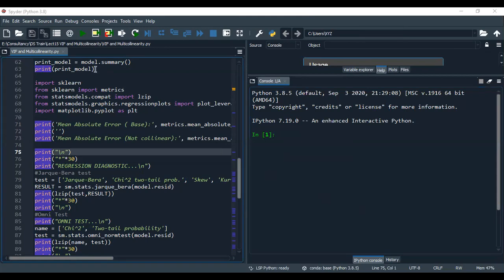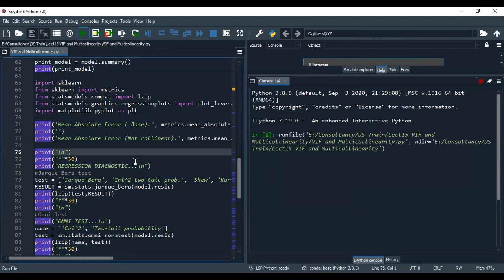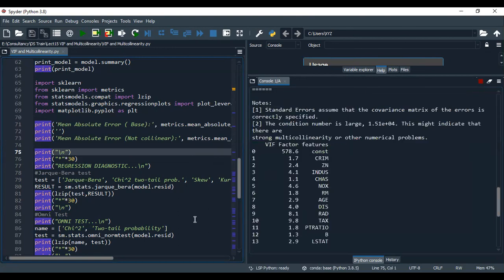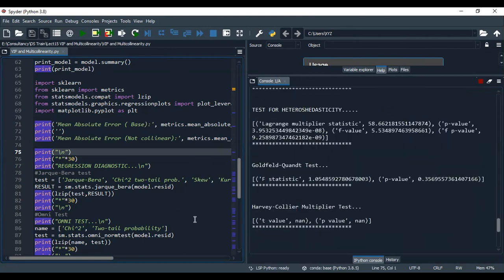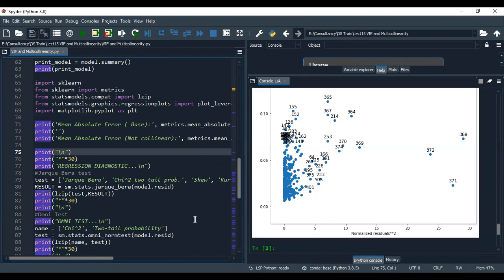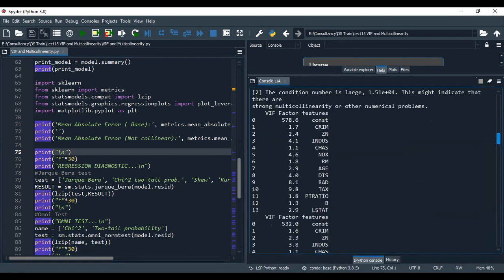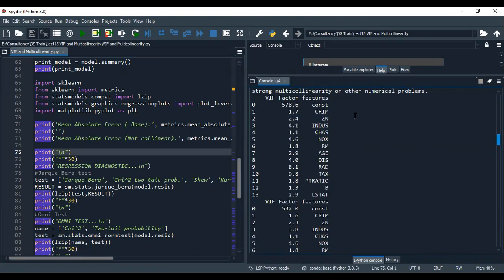So this is the VIF and multicollinearity. What I'm doing is using the Boston data set. We need to predict the price of the houses. In this Boston data set, some fields are very closely correlated with each other, so we need to remove them. First of all, it is very, very important to calculate the VIF.